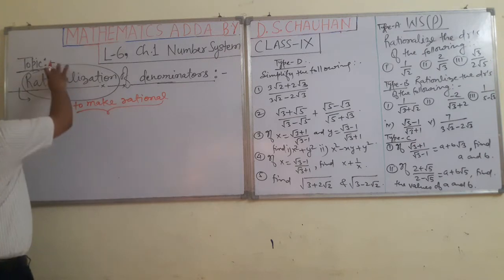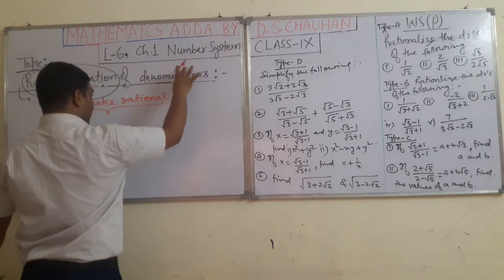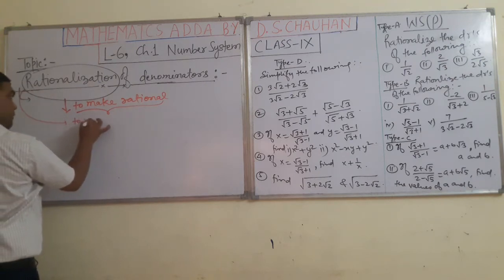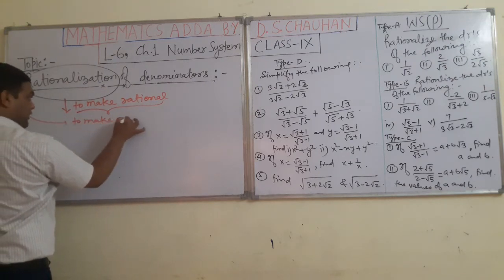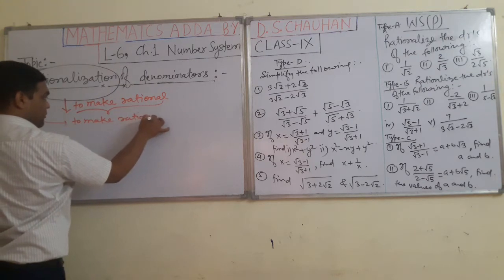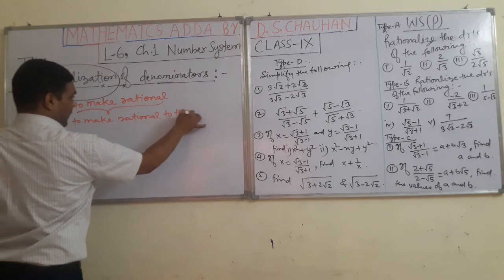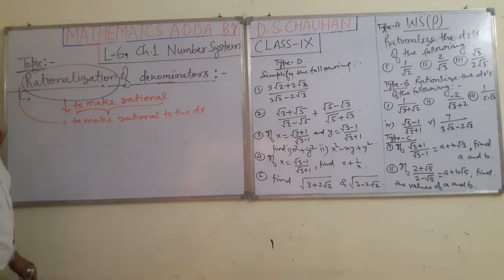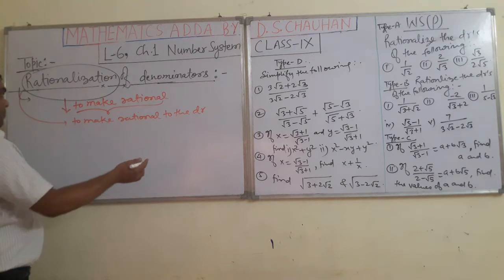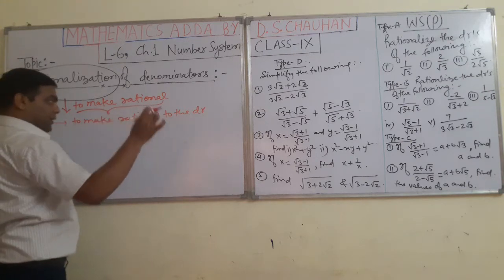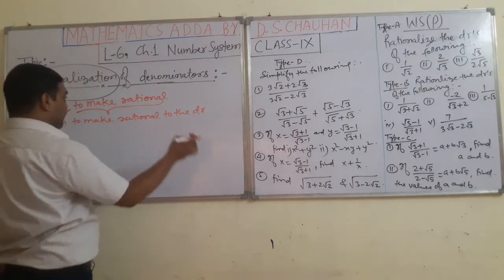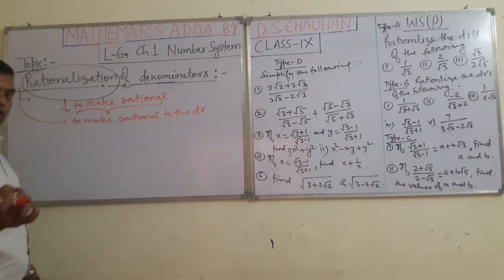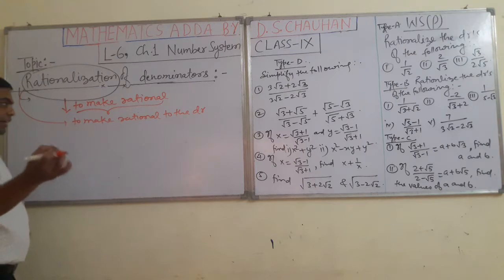Now here the topic is rationalization of denominators, means to make the denominator rational, means we have to convert an irrational number present in the denominator into the form of p by q, where q is not equal to 0 and p, q are integers.